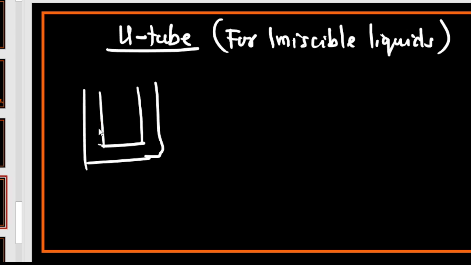You pour a certain liquid inside, for instance water. So the water will be inside the U-tube in this manner. So the next thing you want to do is pour the second liquid, for instance liquid X. When you pour it through this route, it's going to push this down and push this up, so you end up having something like this.